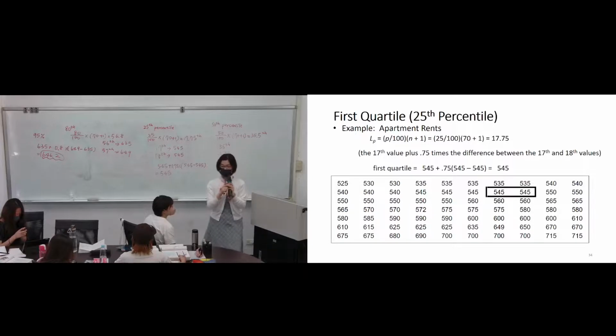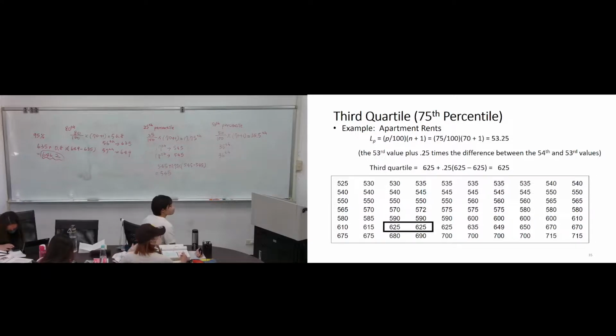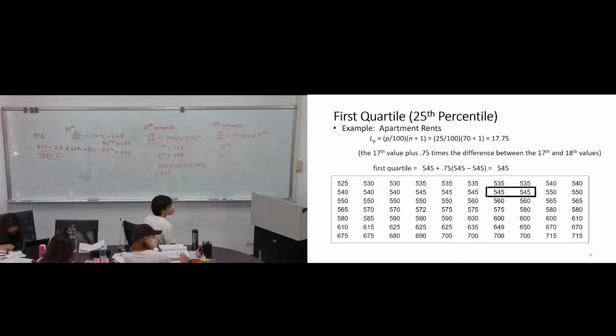Where are they? One of them is 575, that's the 35th, and the other one, the 36th, is 575. So both of them are 575.